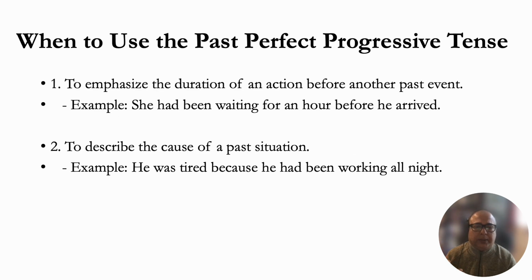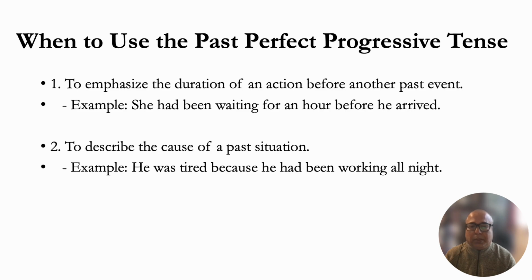Okay, very good. So when do we use the past perfect progressive tense? There are situations where we use this tense. When we want to emphasize the duration of an action before another past event. So there are 2 actions, right? But one action happened earlier, and then something else happened at a point.